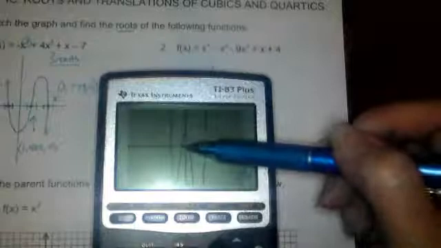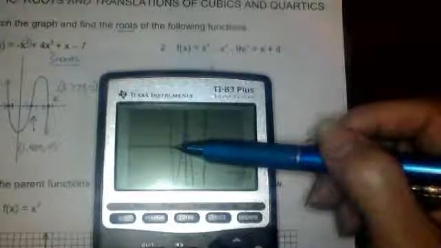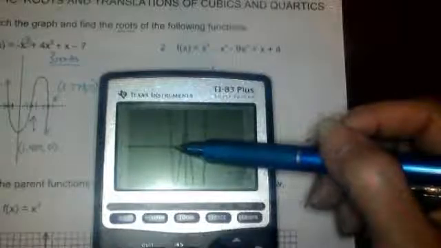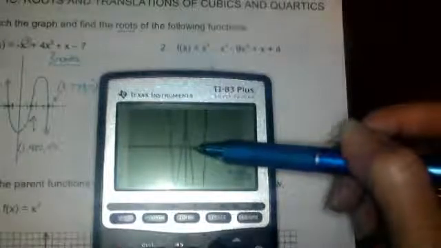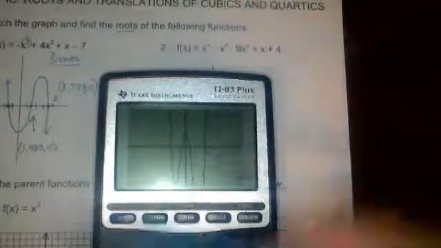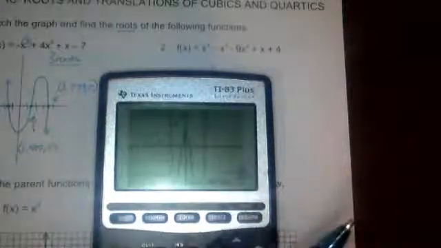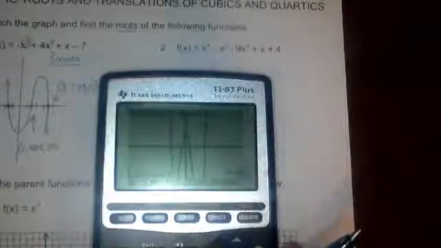This one looks like it's between 0 and -1. And this one between -2 and -3, over here between 0 and 1, and then between 3 and 4. And so we're going to calculate each of those values. So second calculate, the zero. We'll go left and right of each of those.